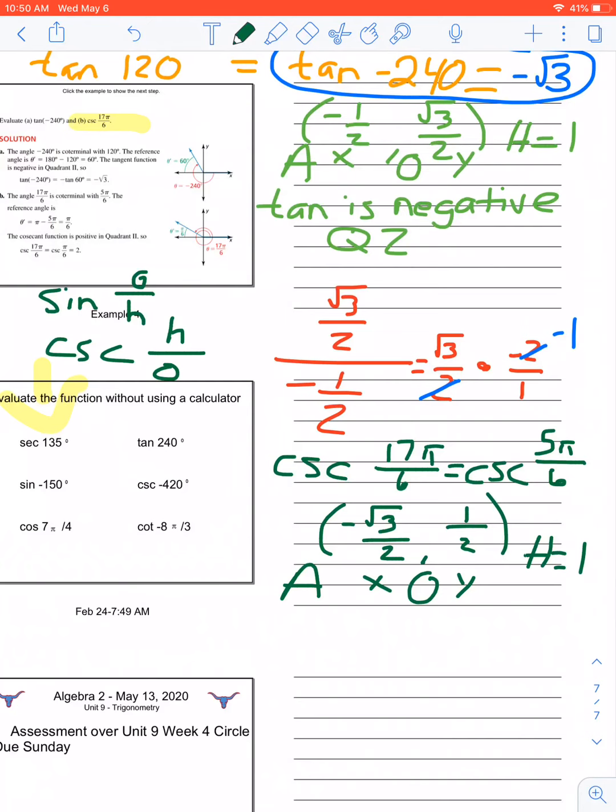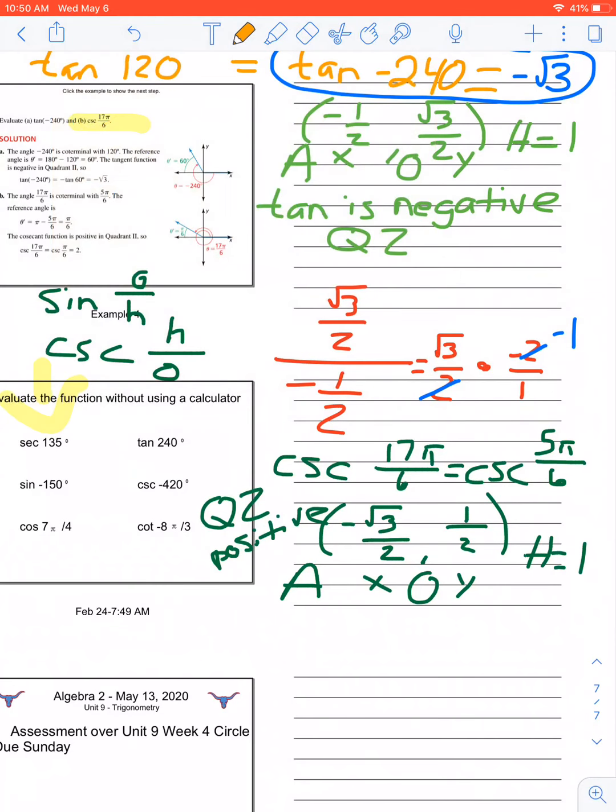Okay? All students, this is in quadrant 2, right? So this is quadrant 2. So my answer is going to be all students, so it's going to be positive. I know my final answer here is going to be positive because we're in quadrant 2, and sine and cosecant are always positive here. So let's get going.